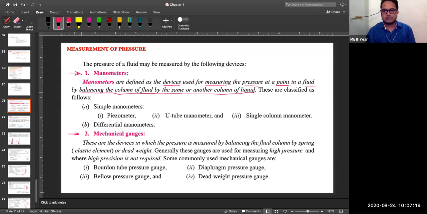If you will focus on this definition, suppose I would like to give you one practical example. This is my water bottle, and suppose I have filled some water in it up to this level.